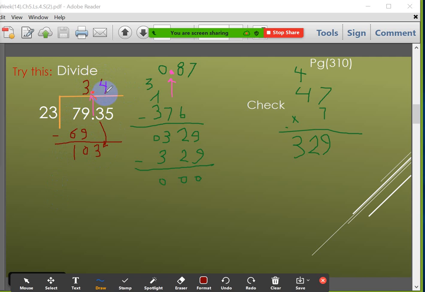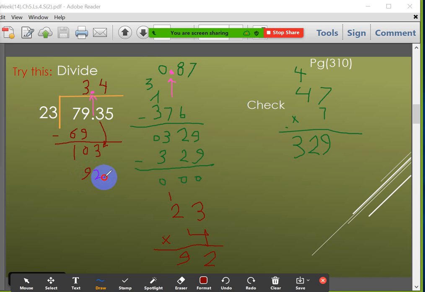So let's try 4. 4 multiplied by 3 equals 12, so I will put 2 here and 1 above that. The tens: 4 multiplied by 2 equals 8, plus 1 equals 9. So the number is 92.